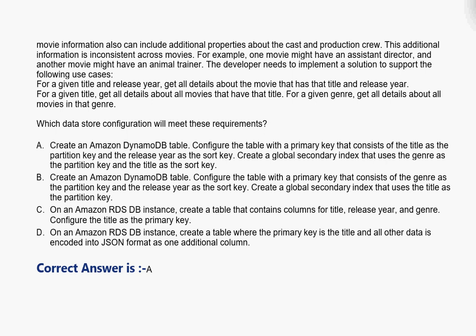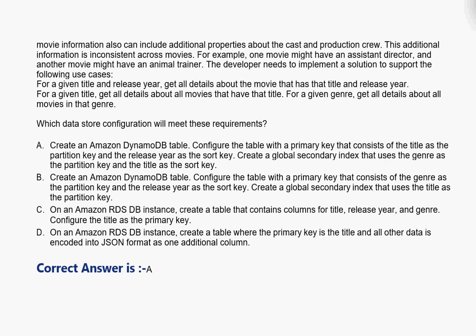Option A. Create an Amazon DynamoDB table. Configure the table with a primary key that consists of the title as the partition key and the release year as the sort key. Create a global secondary index that uses the genre as the partition key and the title as the sort key.